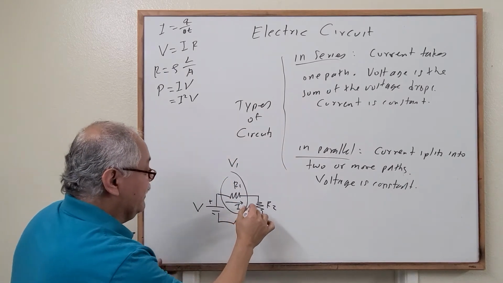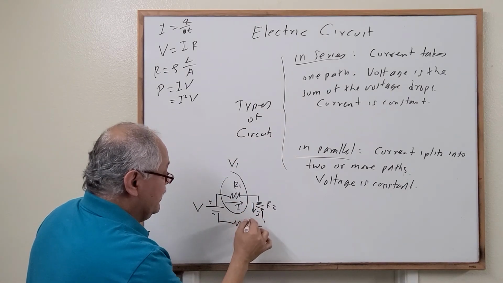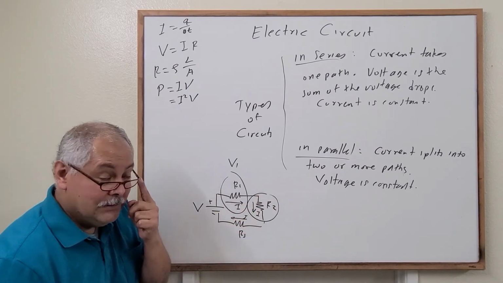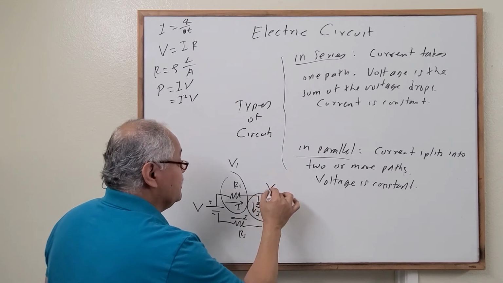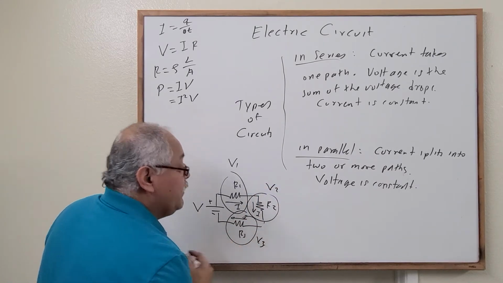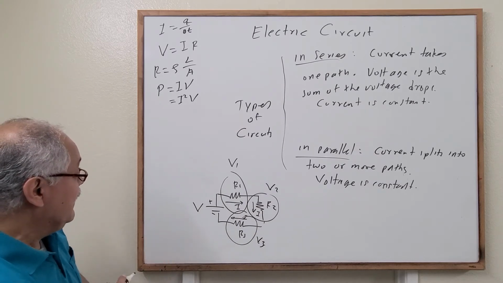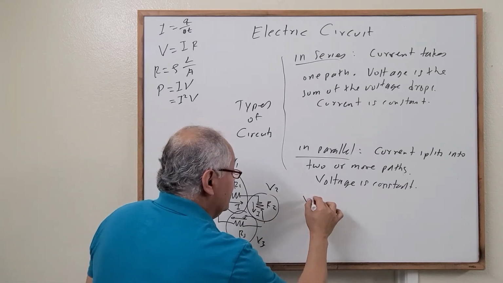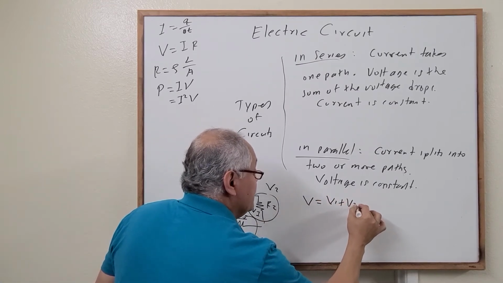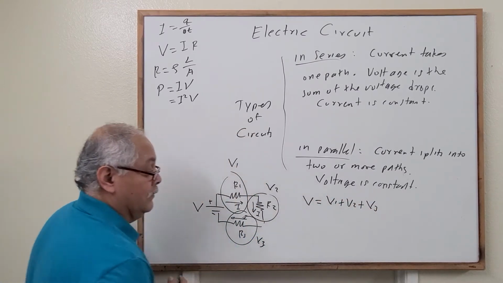The same thing happens right here. In this direction we have the current, and the current is constant, correct? And then this is voltage drop 2. Another voltage drop right here, V3. So what should the total voltage be? The total voltage is equal to V1 plus V2 plus V3.